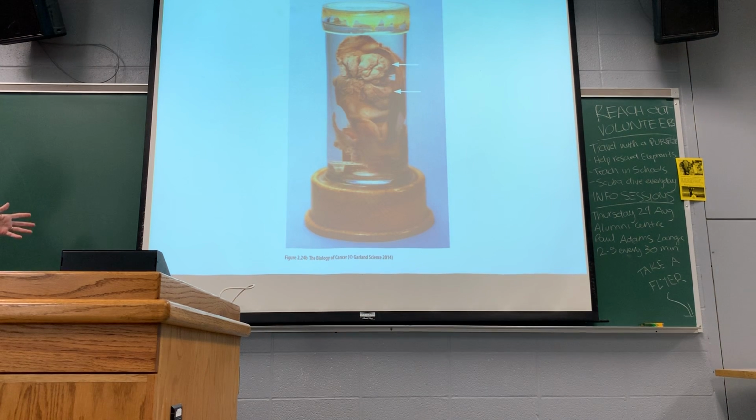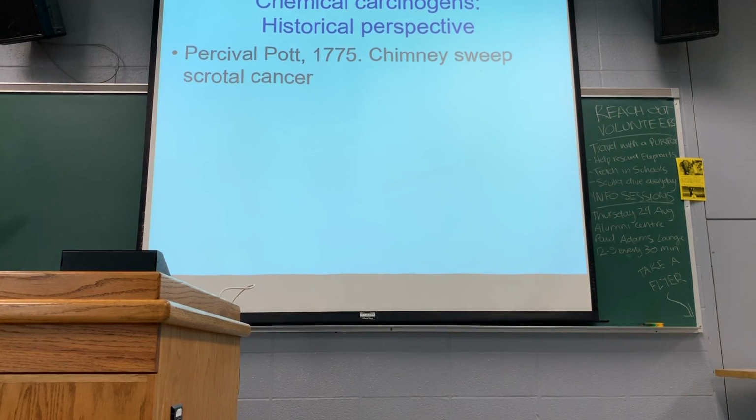After 660 days of painting this tar on the ear of the rabbit, there was a rabbit that got a tumor on the ear, right there, and there's the tumor. And this rabbit ear is preserved in a museum at the University of Tokyo, so you can go there and see this. So this was then the first demonstration, an actual experiment, right?